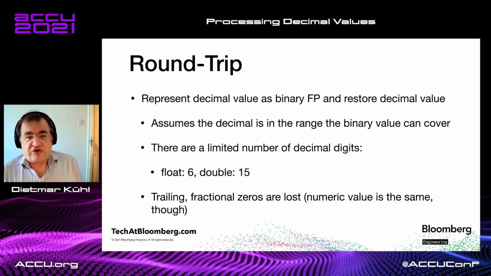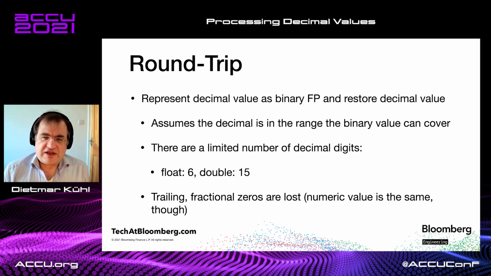So for the round trip, just to get that straight, you can represent the decimal value and transport it as a floating point value. Why you might want to do these things is because some programs actually only have a binary floating point interface.